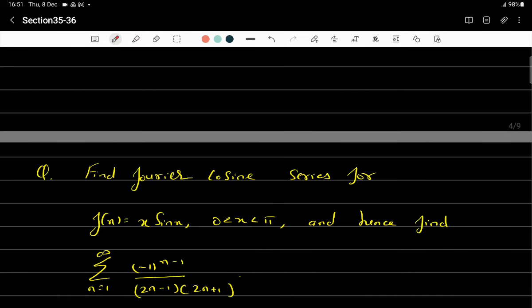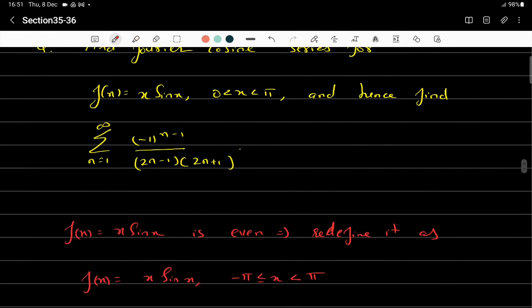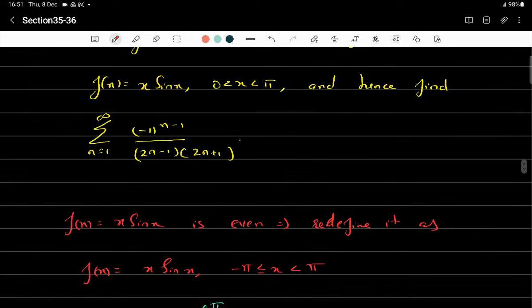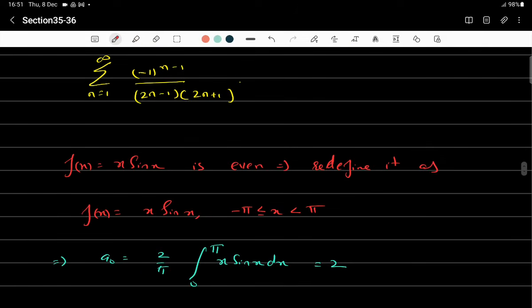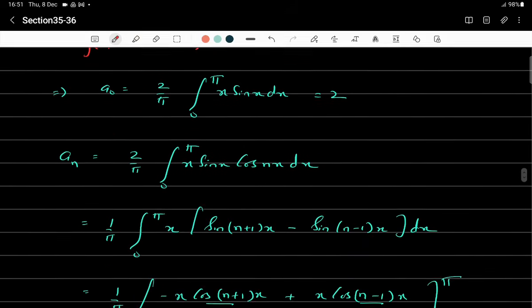Therefore I can easily extend it over the interval minus pi to pi, it remains the same. So redefine it as x sine x over the interval minus pi to pi. So I need the cosine series. I compute a naught and I compute an.